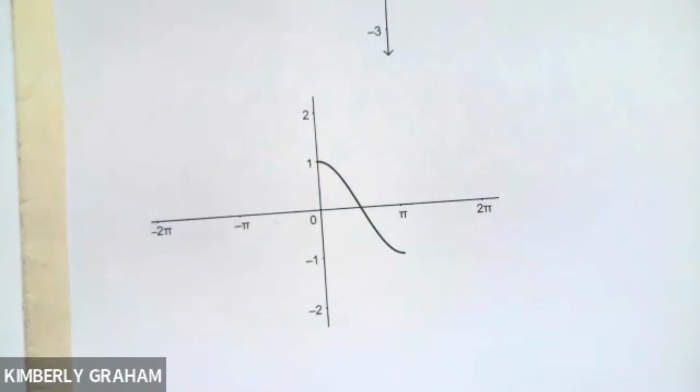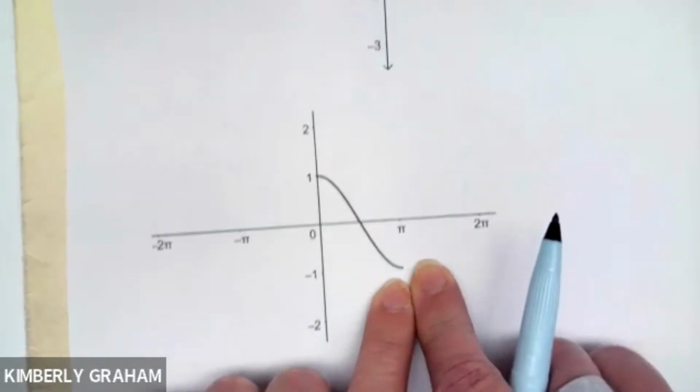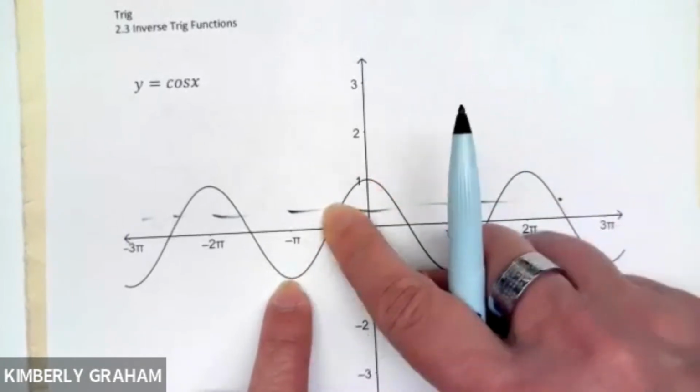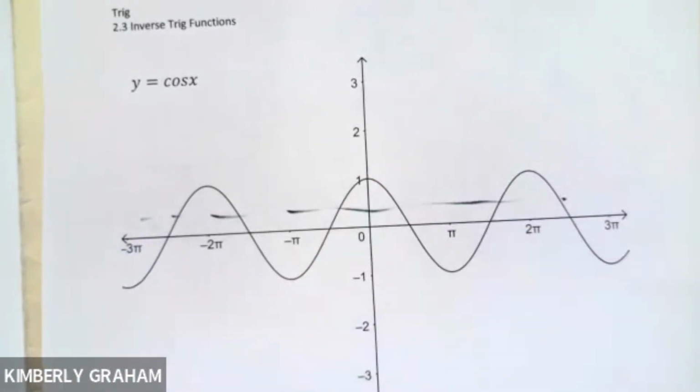You know, there are some things in math that are always true, like the distributive property and the commutative property. There's really nothing set in stone about why I need to restrict my graph to this. I could very easily have said, okay, I want to restrict my graph here, and that would have been fine.